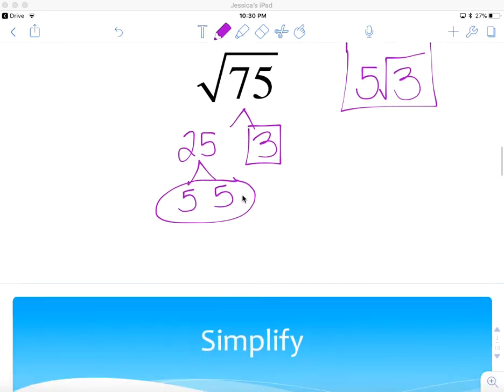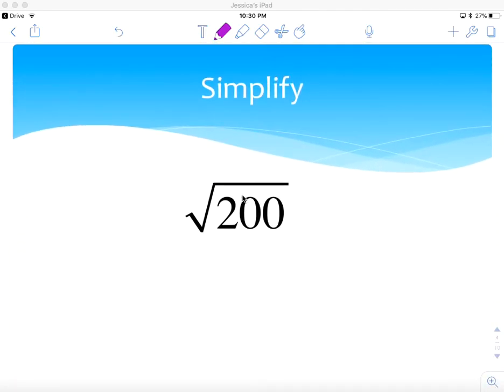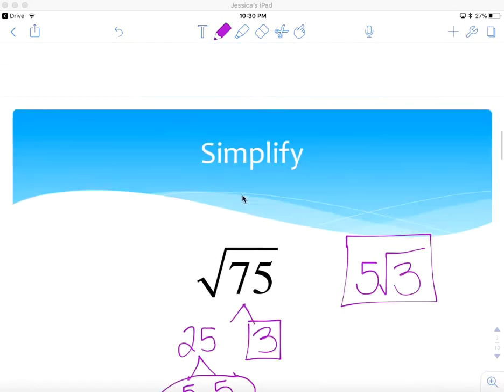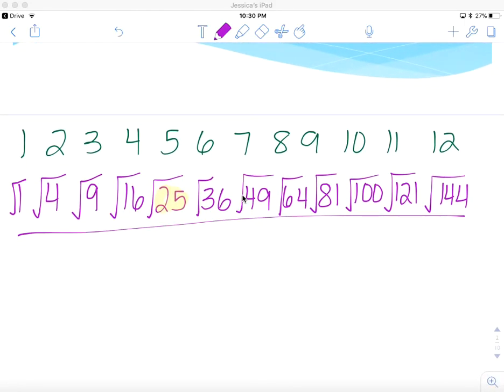Let's look at our next example. The square root of 200. Your goal should be to use this list as much as possible. The biggest perfect square that will go into 200 is 100.